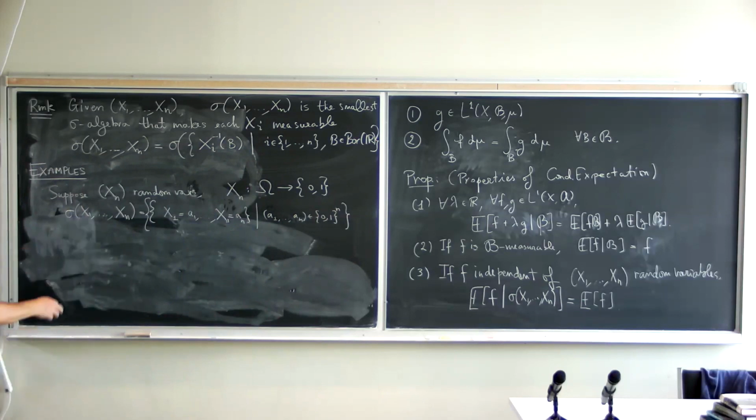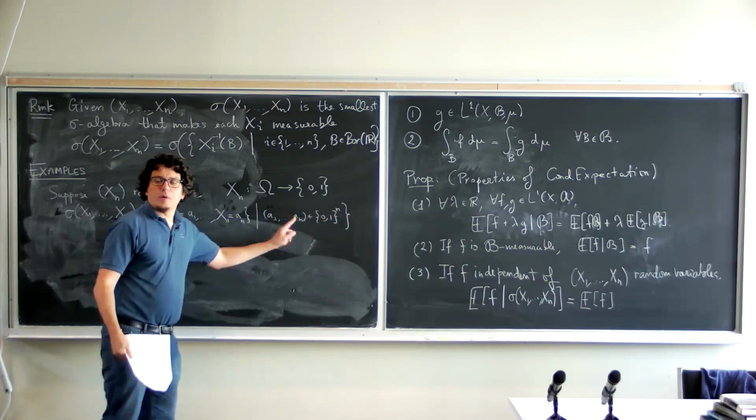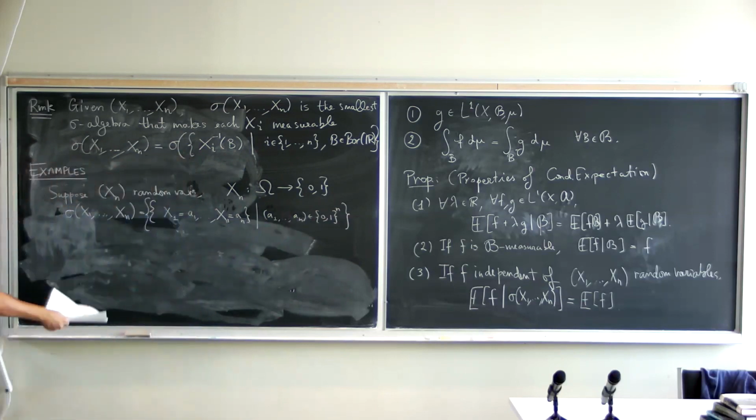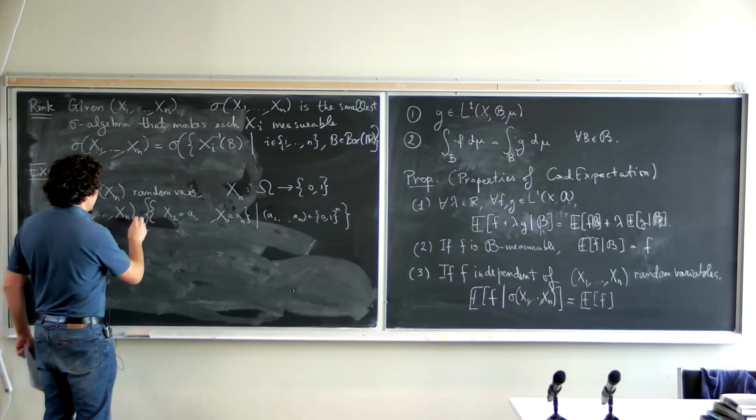In fact, you can even select only one or two outcomes, and that is one measurable set in this sigma algebra.